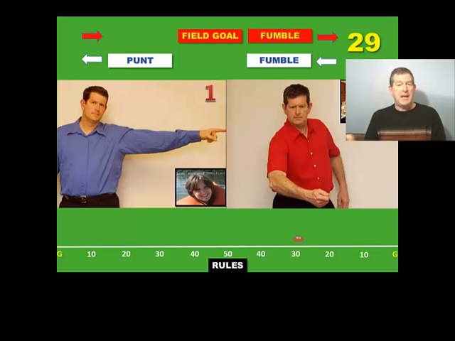The receiving team, the captain of the receiving team, may call for a fair catch, especially if he or she looks at the next player and thinks, I'm not sure that player is able to respond accurately and promptly, because there's a risk in returning a punt.